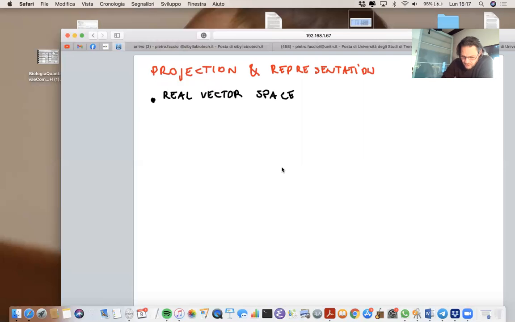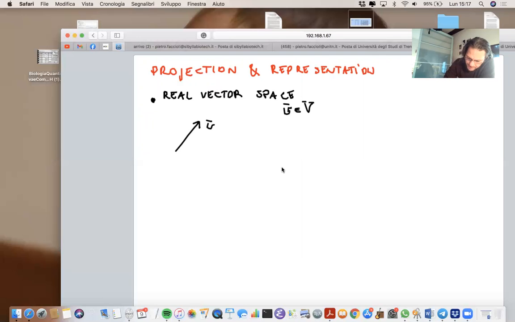So what is a projection? I have a general vector v, which I cannot represent numerically. I can only define it as an abstract mathematical object that lives in my vector space. So v is defined to live in my vector space V.